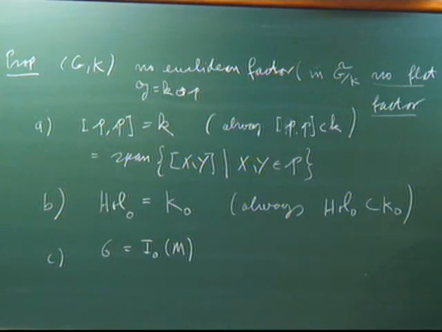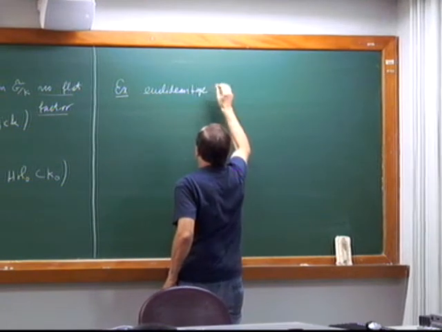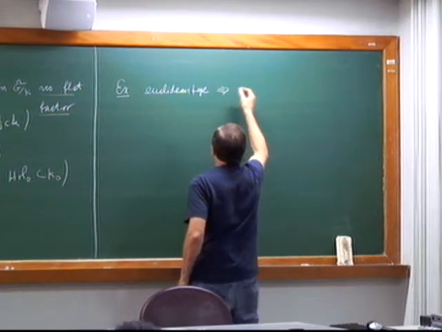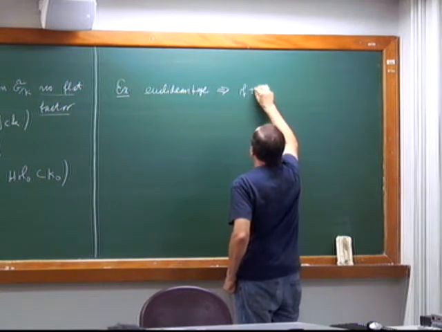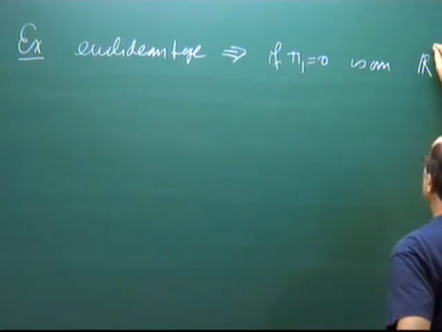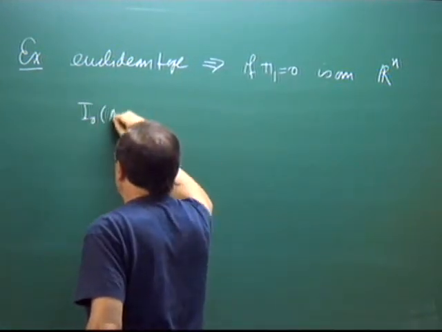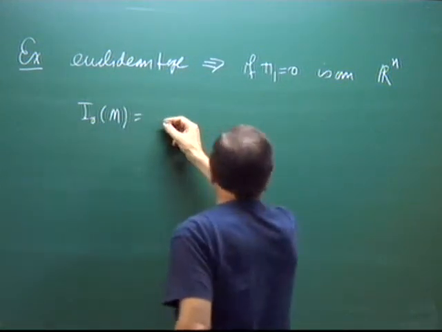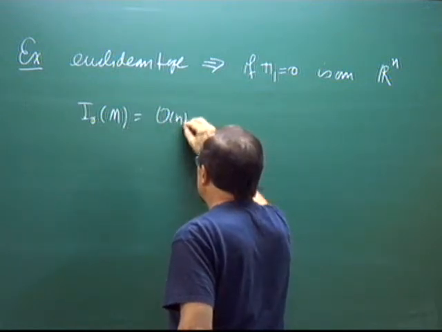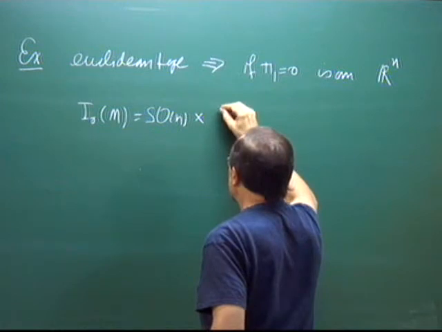Let me look at this example again, Euclidean type. It implied in particular that, say, if simply connected, it's isometric to Rn. It's a flat manifold. Because then the full isometry group of Rn is all rotations, identity component SO(n), cross translations.